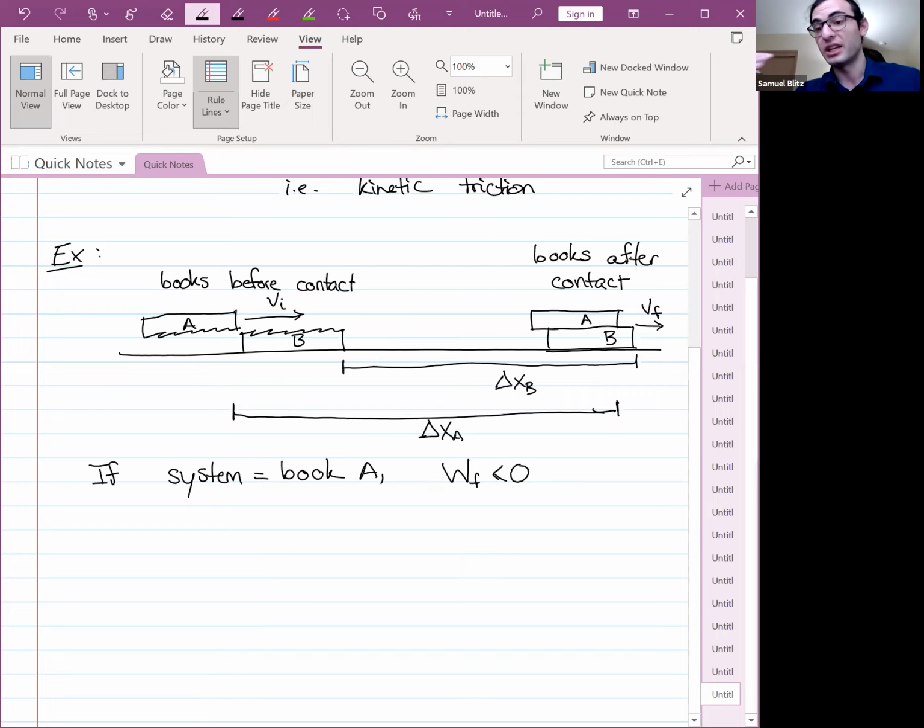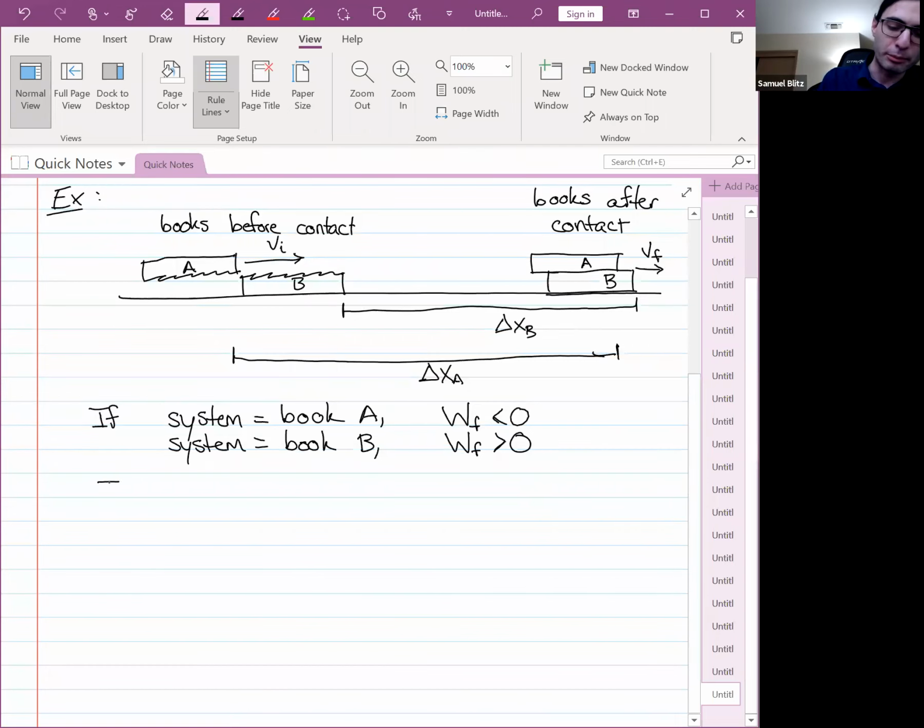And so the external work applied to book A should be negative. Similarly, if the system is book B, then the work from friction is positive. The reason for that is because book B starts out at rest and ends up moving, so the change in kinetic energy is positive. You have a positive number minus 0. And so the external work done on book B is positive.